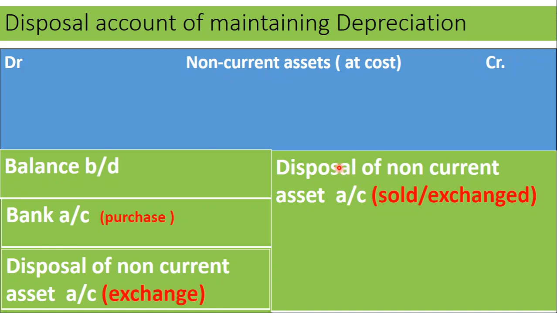Clear? So make sure you understand these two headings. When you are doing part exchange, disposal of non-current asset. When you are selling off, disposal of non-current asset, whether you sell it off or whether you exchange it.